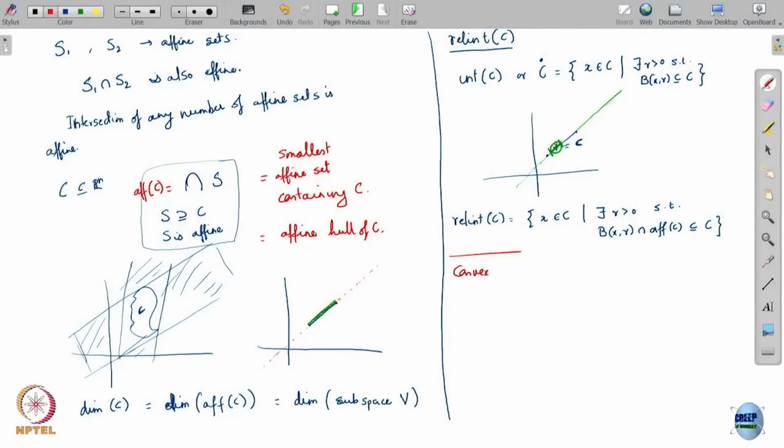Okay. So, the most important concept for us is the concept of a convex set.